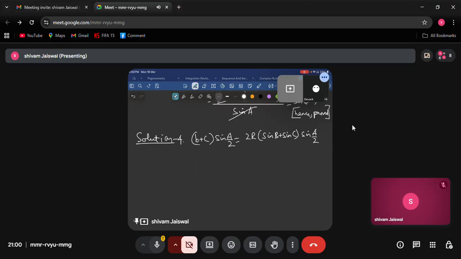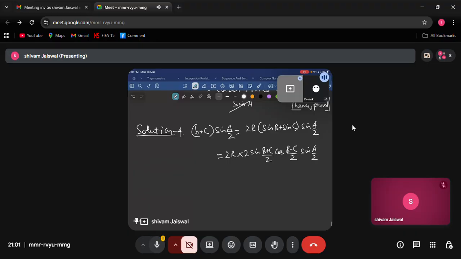This will be equal to 2r. Now what is sine c plus sine d? That will be equal to 2 sine (b plus c) by 2 into cos (b minus c) by 2, into sine a by 2.